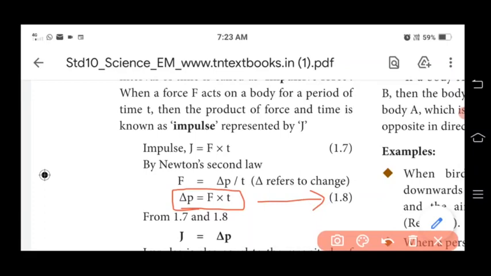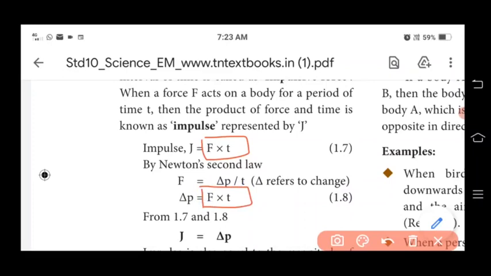And we know that equation 1.7 is given here, J equals F into t. Dear students, if we compare both equations, the right side has F into t in equation 1.7, and in equation 1.8, delta P equals F into t.